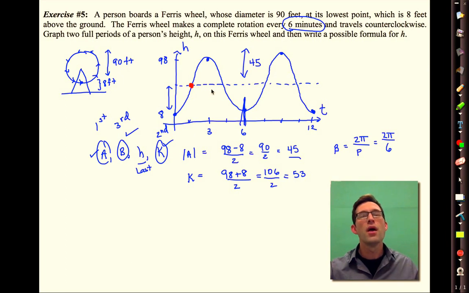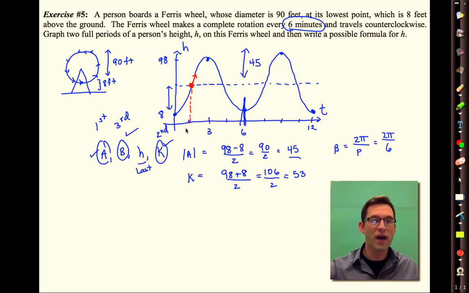Here's what I do. The normal sine function starts from the midline and rises out of it, all right? So if I want to use a normal sine function, what I have to do is I have to have a curve that is shifted 1.5 units to the right.